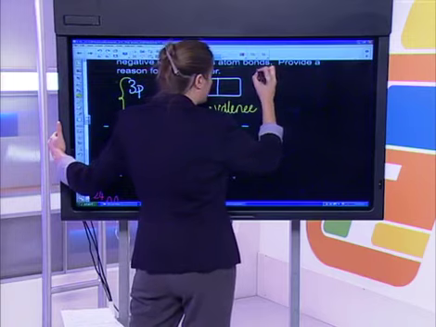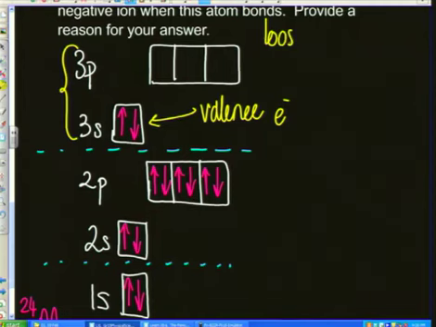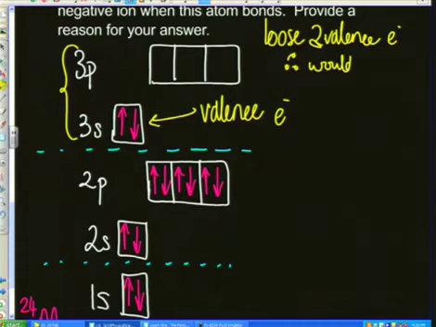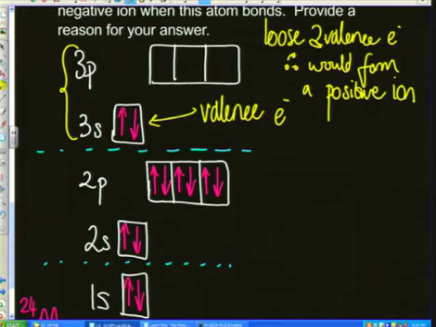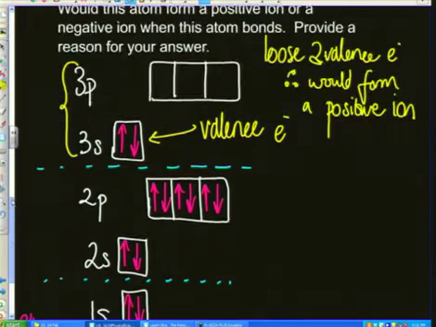So it would lose 2 valence electrons, therefore it would form a positive ion. Because instead of filling up another 6, it could just lose those 2 valence electrons. So it would form a positive ion. And that's the last of that question.